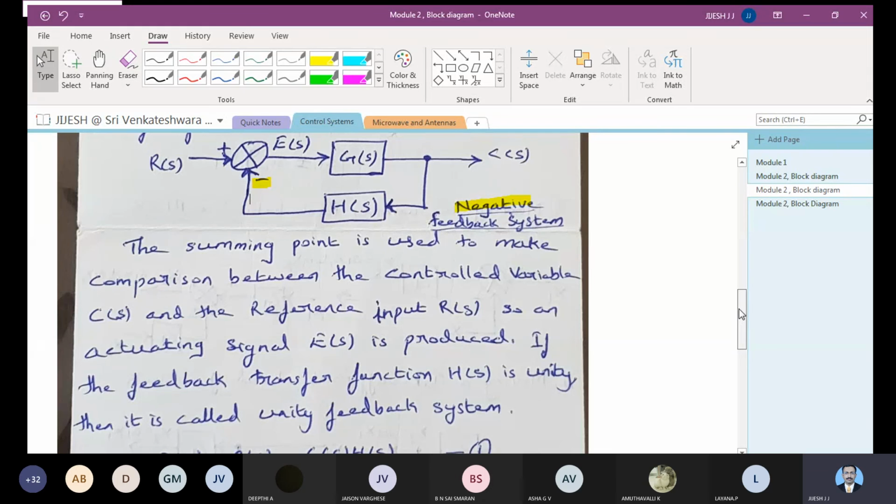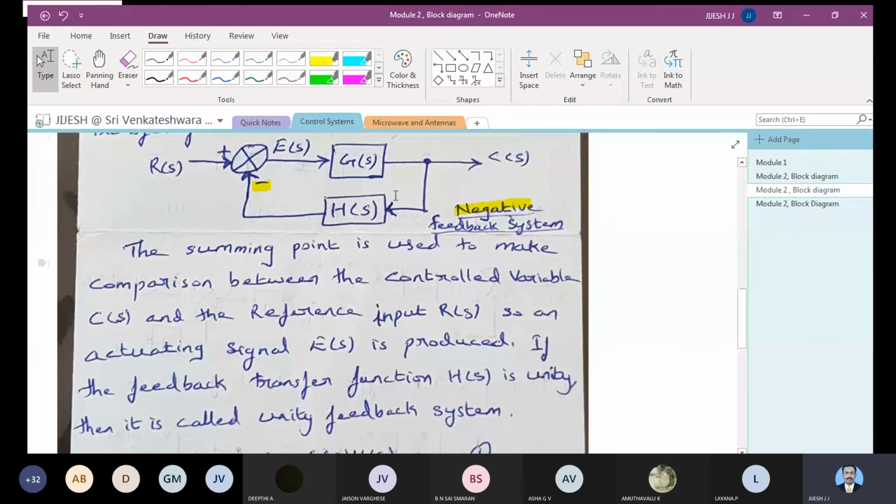E of S is a combination of what all things? It is a summer block. So you can write for E of S. E of S will be a combination of... you need to write in this form.